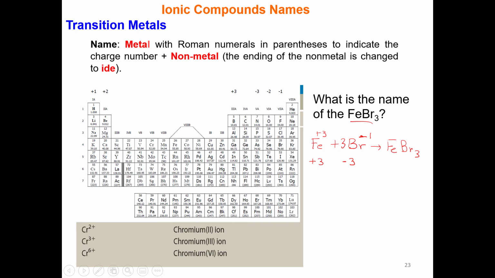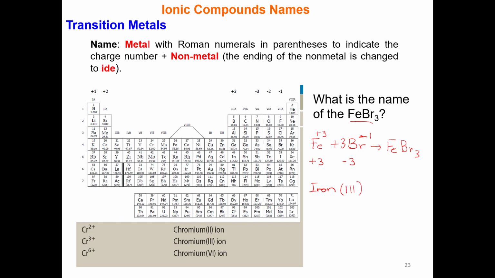And now let's write the name. According to the rule, we first write the name of the metal, which is iron. The charge for the iron is 3, then we use this in parentheses. That's why, the way it's in the table, they write something like 1, 2, 3.